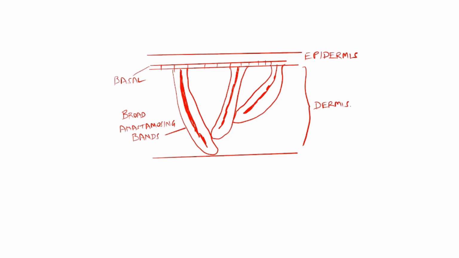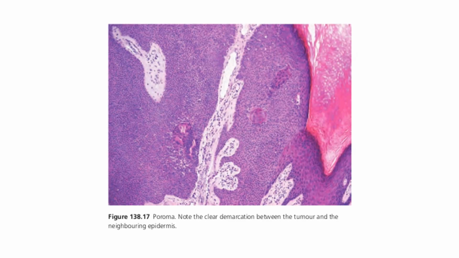So these are the broad anastomosing bands, and this is the characteristic stroma. And if we look at the lining of the cells, these are basaloid cells. They are similar to the basal cell. Okay, so I'm sorry, I meant poroma stroma, not porostroma. Okay, so this is what it looks like under the microscope.